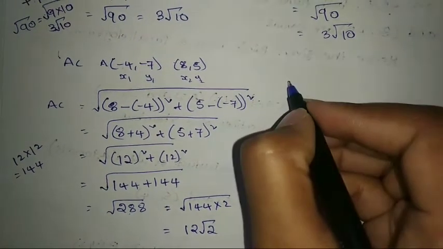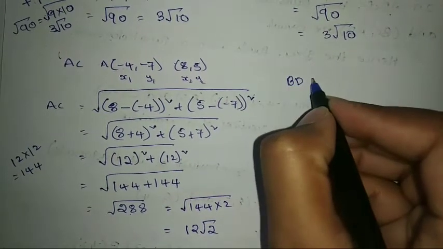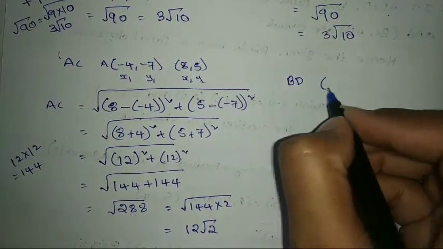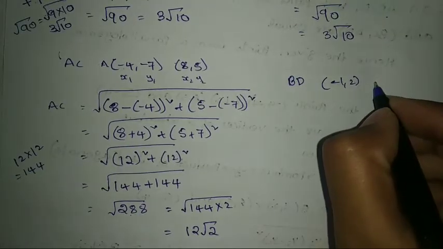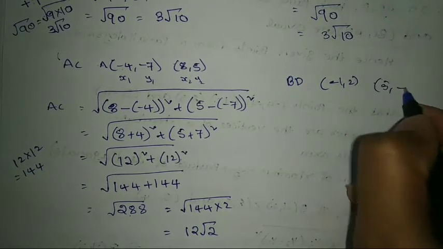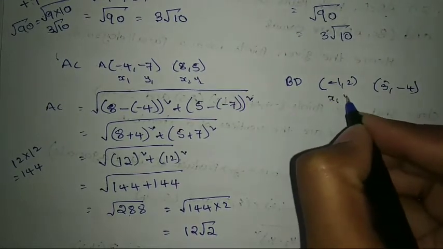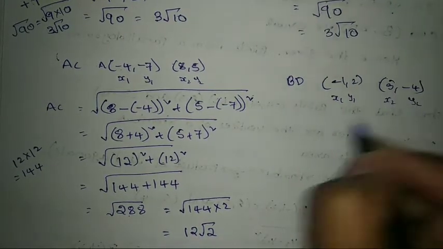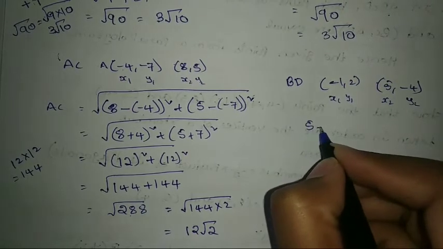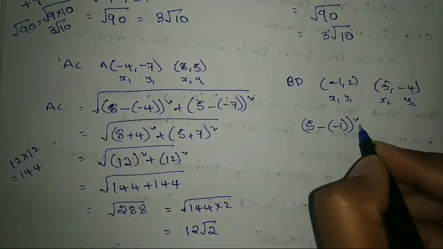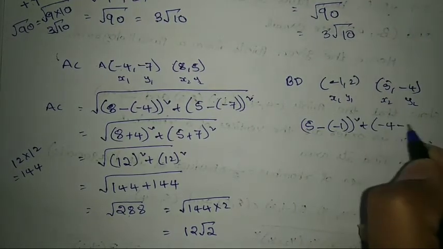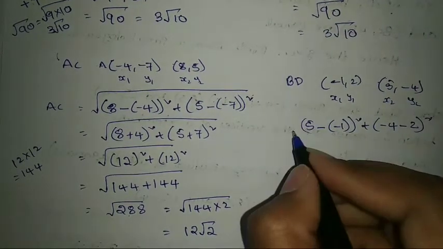Okay. Next we have to find BD distance. So B point is minus 1 comma 2. D point is 5 comma minus 4. x1 y1 x2 y2. So 5 minus of minus 1 whole square plus minus 4 minus 2 whole square.